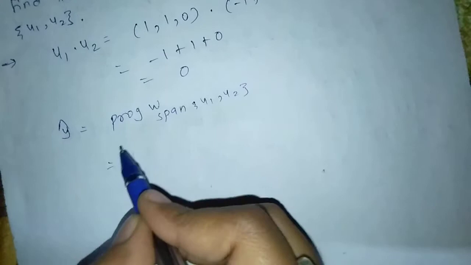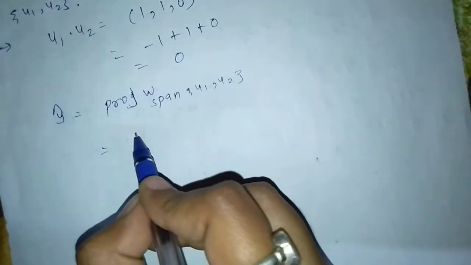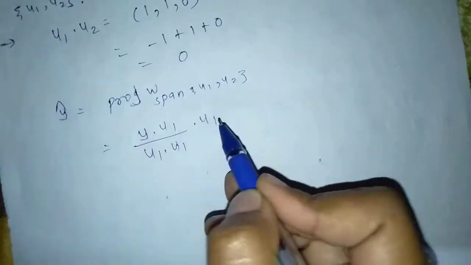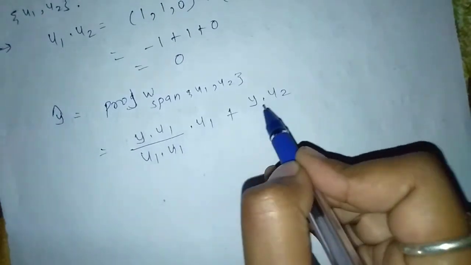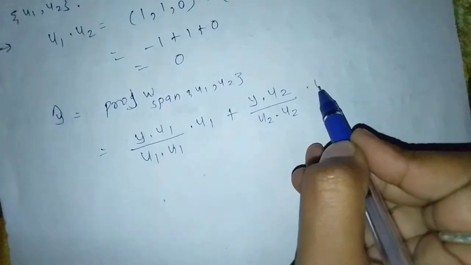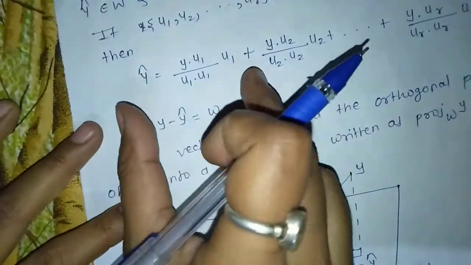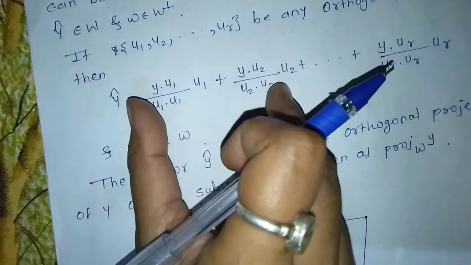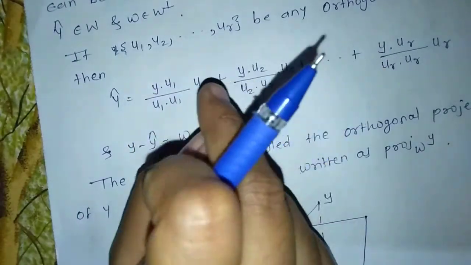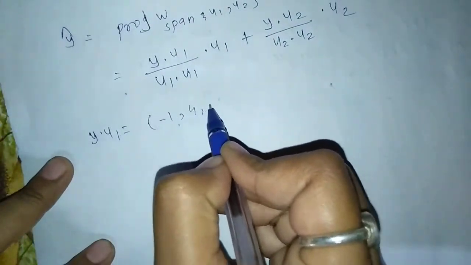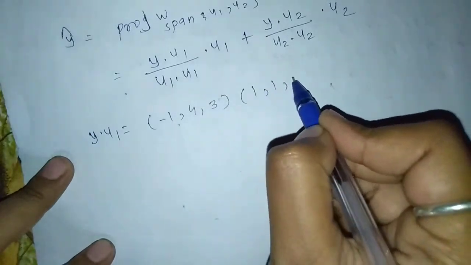So y cap is (y dot u1)/(u1 dot u1) times u1 plus (y dot u2)/(u2 dot u2) times u2. Because here we have only two vectors, we take this formula up to this.